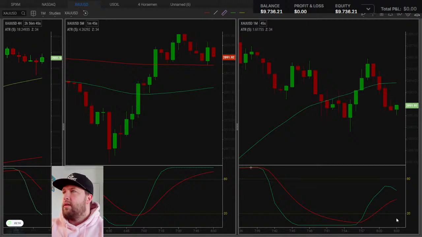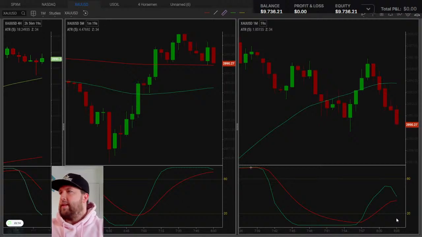Could be getting a look here in a couple minutes. Just want this to keep pushing down. Okay, the thing that makes this setup maybe a little riskier than normal is we're going to be fighting against our 200 moving average on our 5-minute chart.